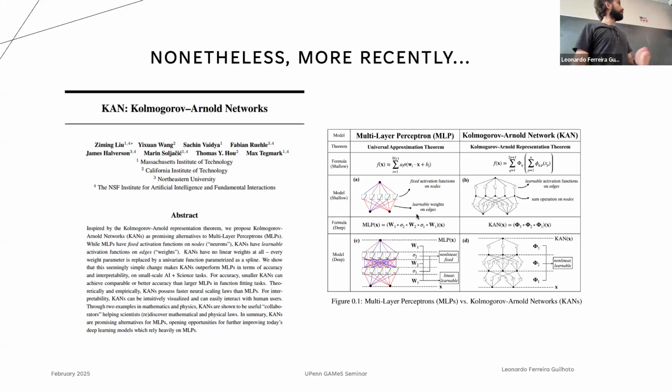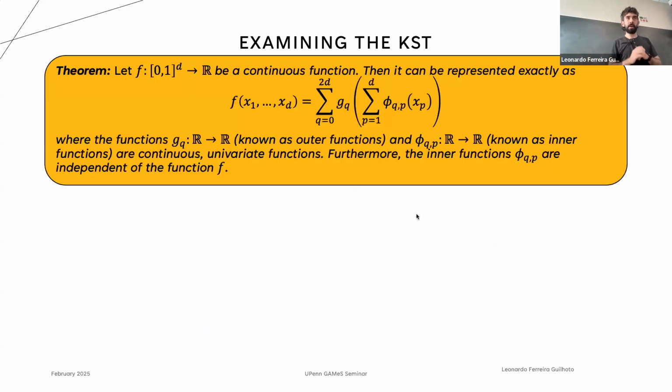Well, yes and no. So let's look again at this theorem a little bit more in focus, right? As I said, the main criticism is that you can prove in many cases that these inner functions over here are very wild. They're non-smooth and not very easy to approximate and compute efficiently, right?